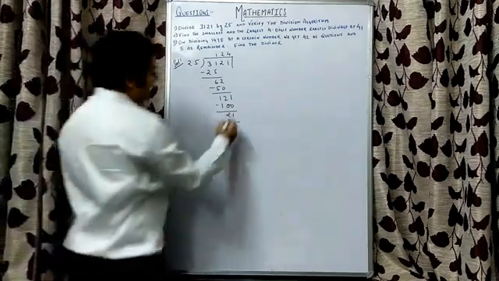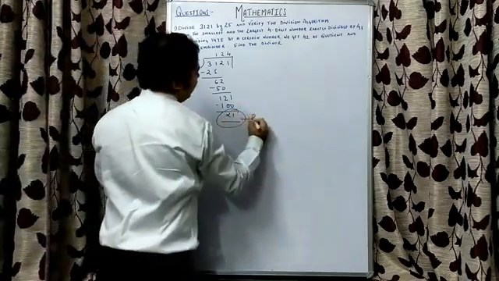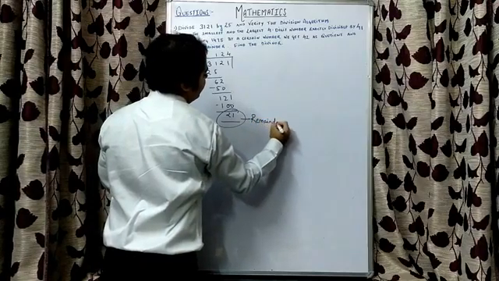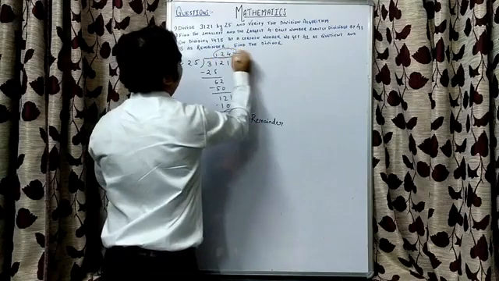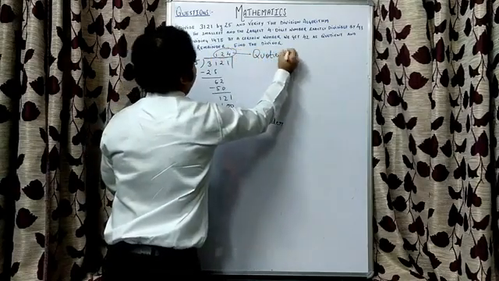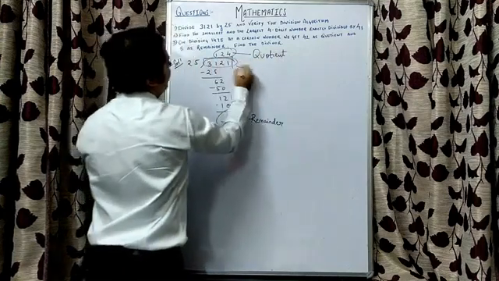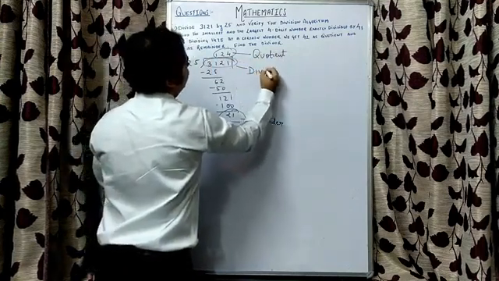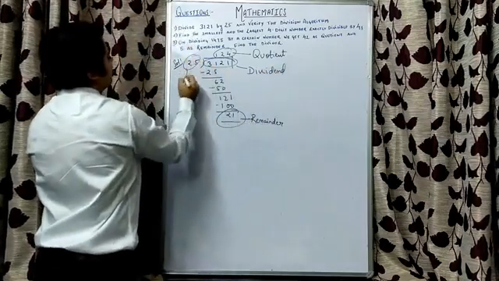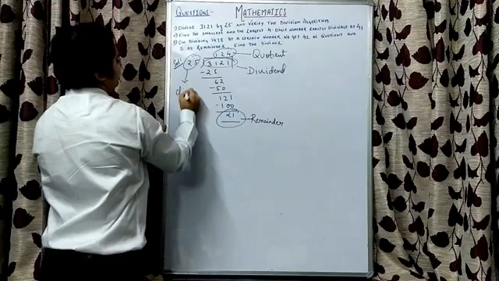In this, children, this 21 is our remainder. 124 is our quotient. 3121 is our dividend. And 25 is our divisor.